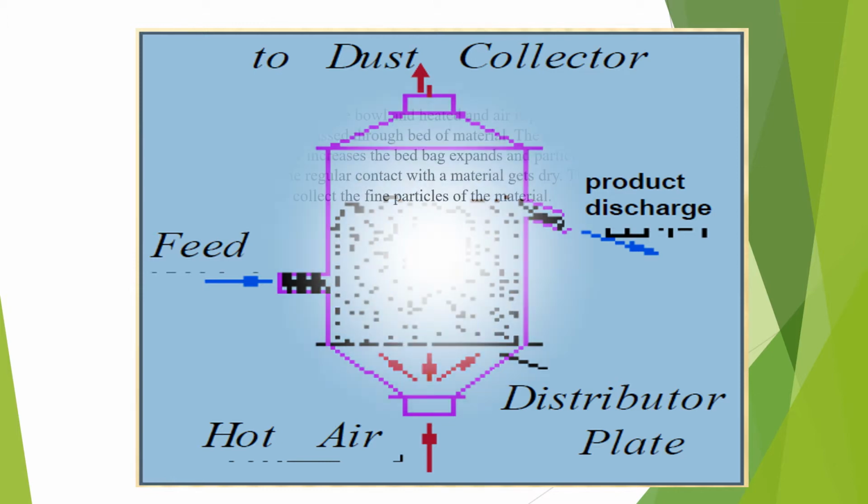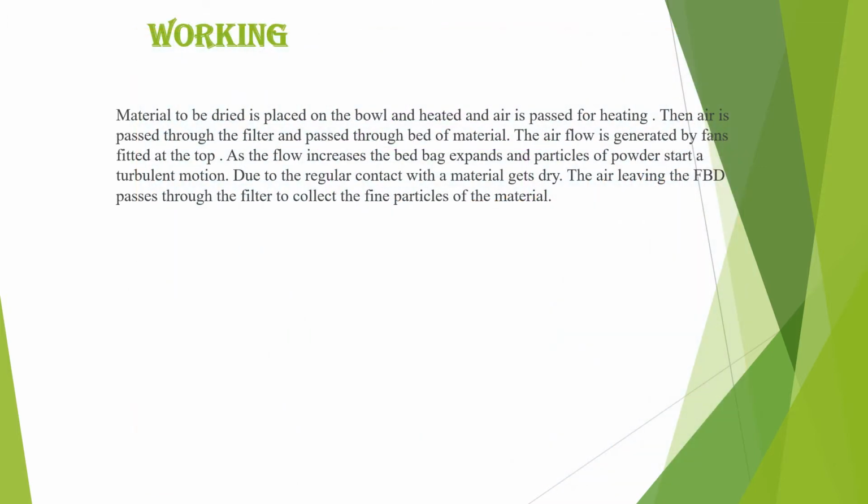Next, the working. The material which is to be dried is placed in the bowl, and it's heated. Then the air is passed for heating as per the diagram. The air is passed to the filter and through the bed of material.